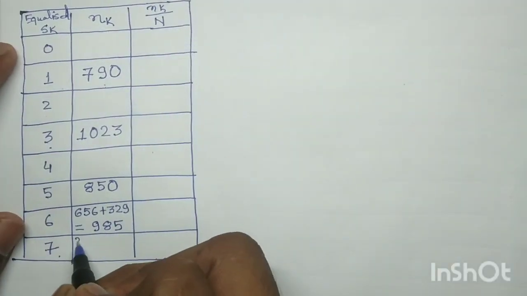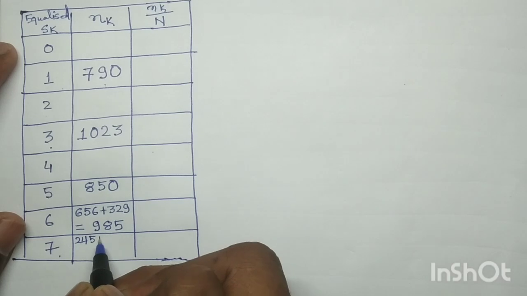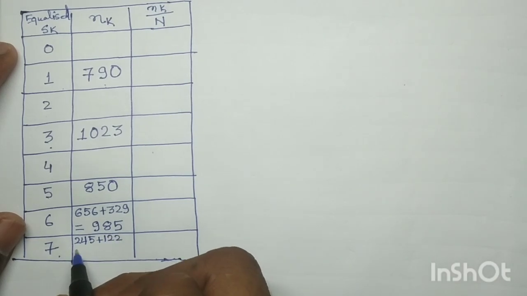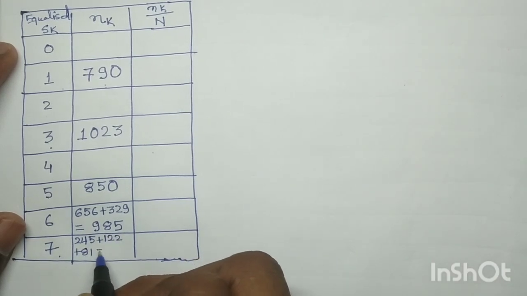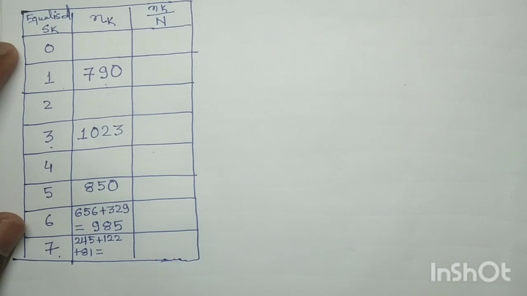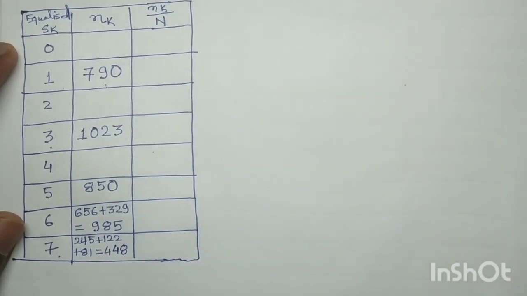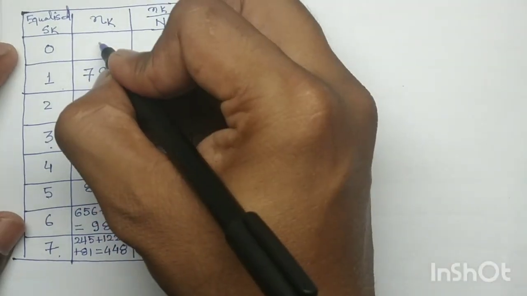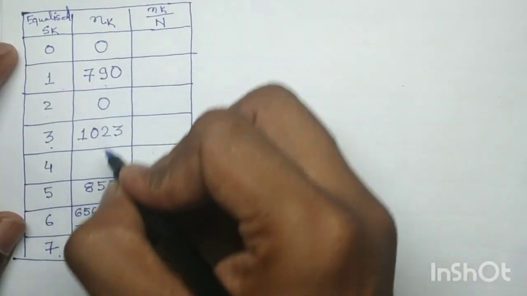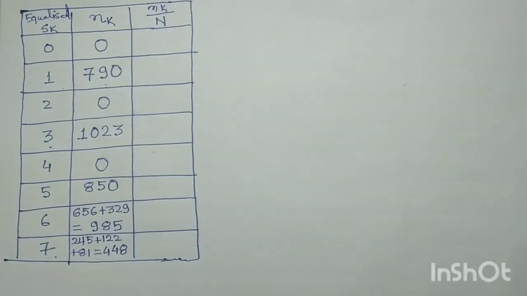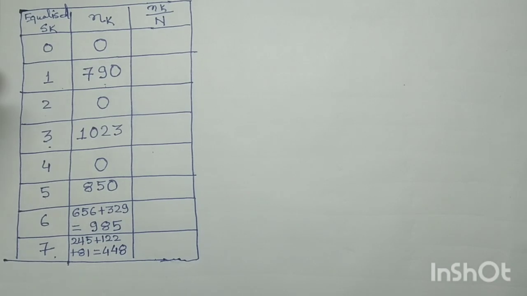So I will write 245 plus 122 plus 81, and the sum of these three numbers is equal to 448, and the remaining gray levels you will assign with the number 0. Okay, so this is my output histogram table after performing the histogram equalization.